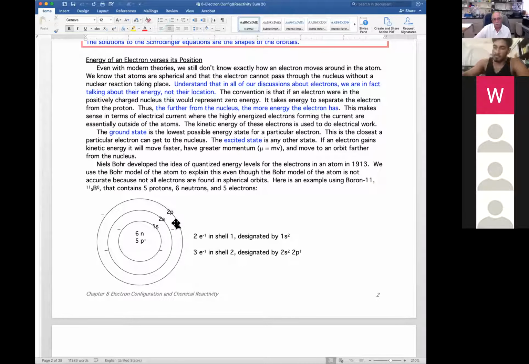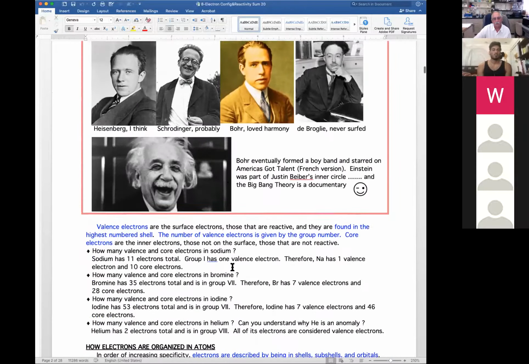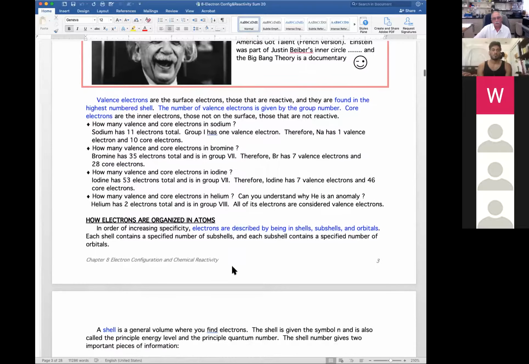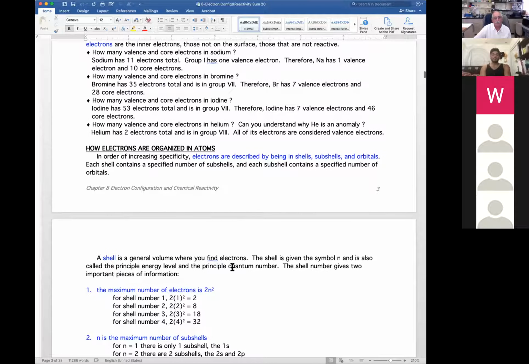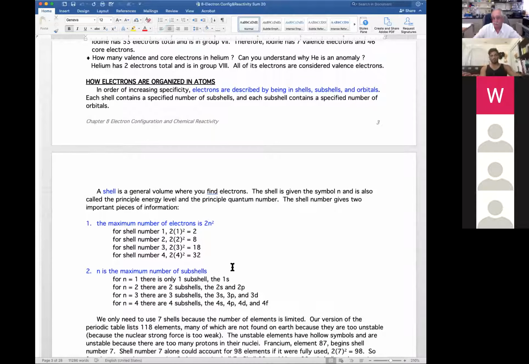So the 2p shell, subshell, whatever, is a higher energy than the 2s. So yes, you should be able to figure out what's valence electrons, what's core electrons. And of course, the valence electrons are given to you by the group number.